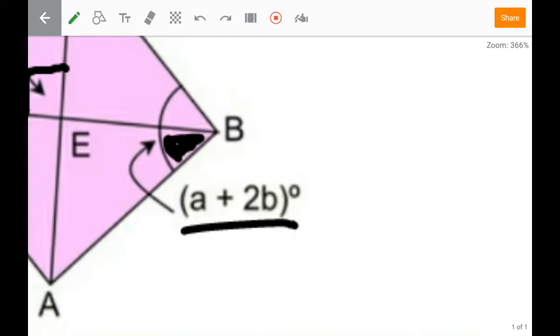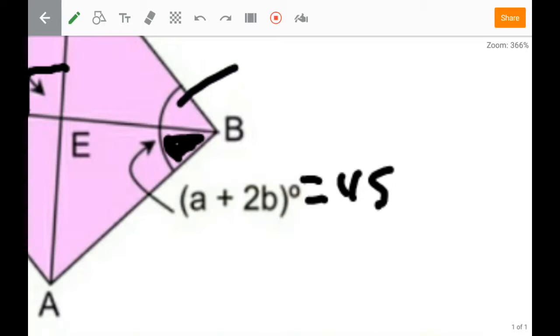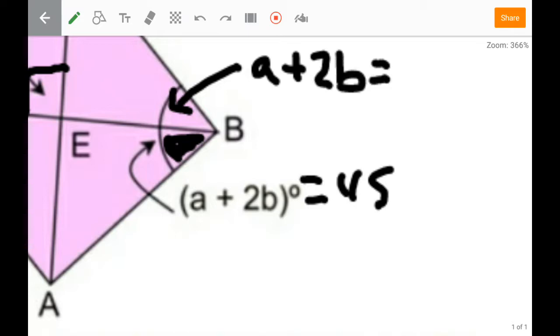So this a plus 2b, you can set it equal to 45 degrees. But this one is also a plus 2b. Okay, so we could write it in those terms, just to point it out.